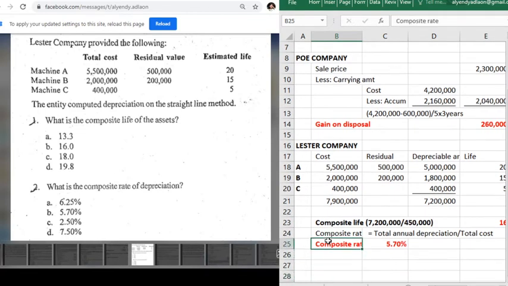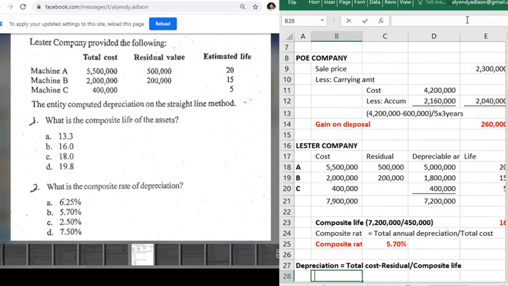So class, if you are to use the composite life, then to compute for the annual depreciation of the machines, that would be the total cost. So just like how we solve the straight line method, right? So for the depreciation, let's say depreciation of year 1, that would be the total cost less the residual value divided by the composite life.